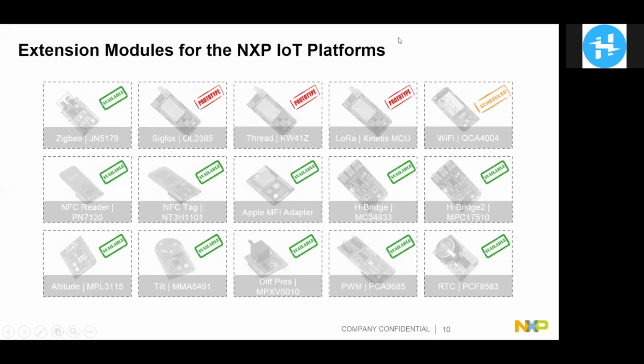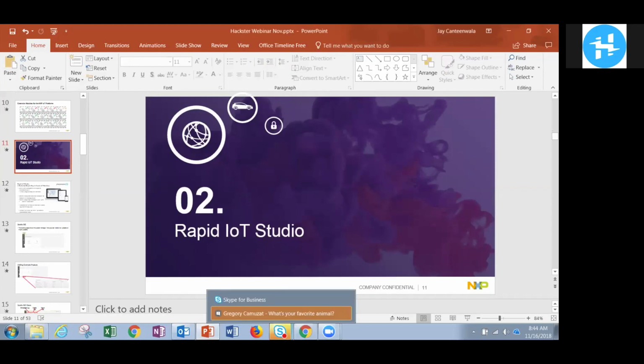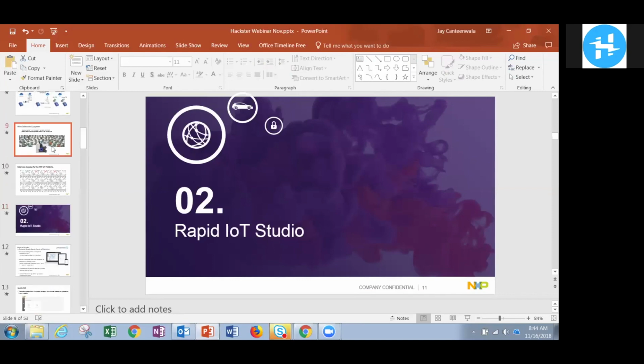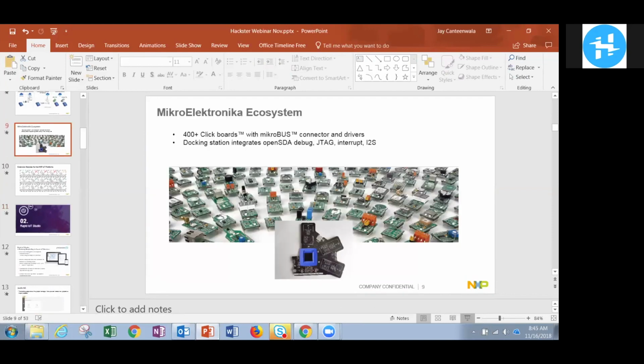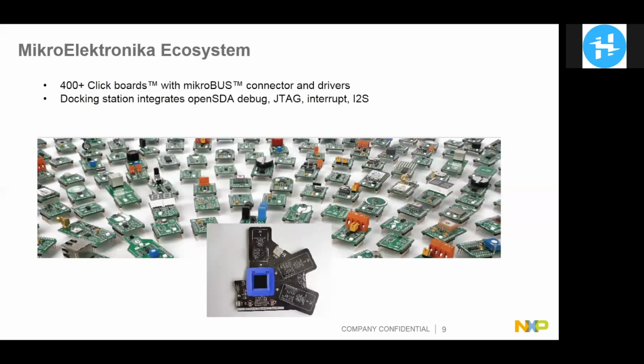The docking station is the same docking station that's been used in the past by Microelectronica for similar products. And yeah, Jay's got a picture of it. Two slides back, I believe, Jay. Yeah, so the blackboard there in the bottom is the docking station.